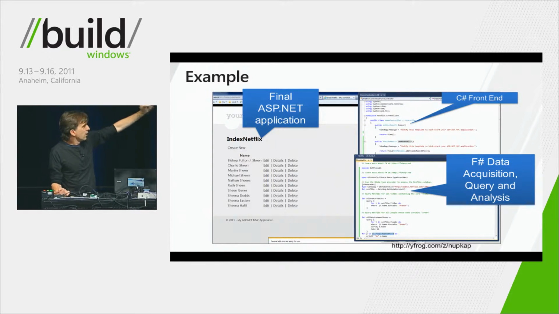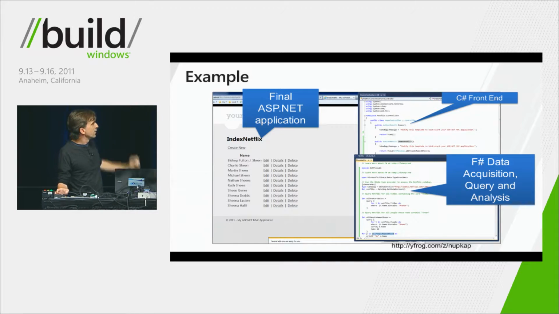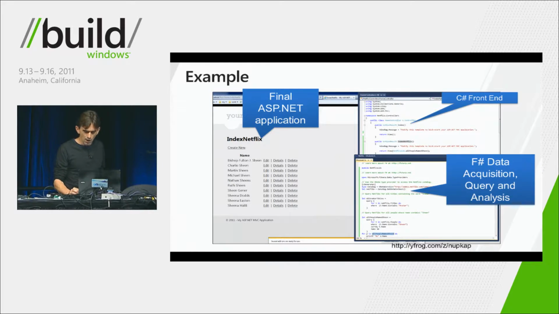They had their F# data acquisition, query, and analysis layer over on the right. They had their C# front-end ASP.NET application above, and there's ultimately the ASP.NET application there. I'll show a small application like this.